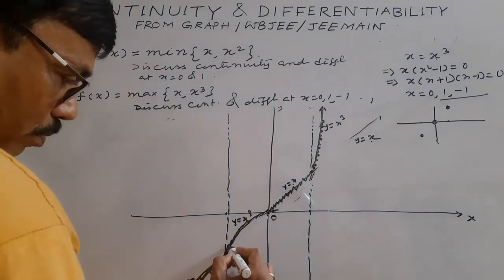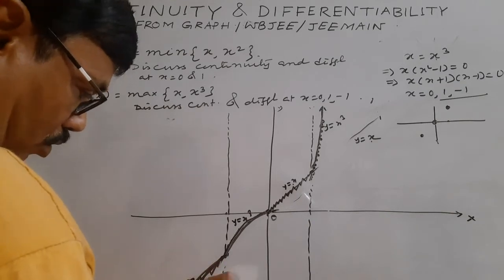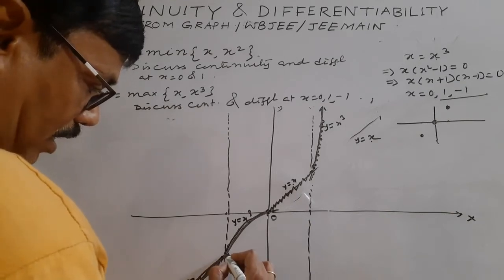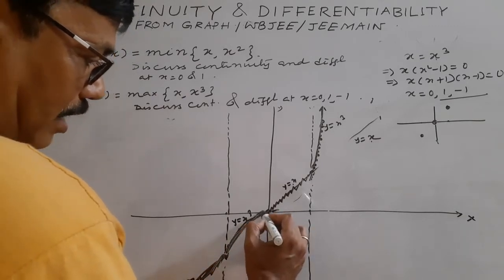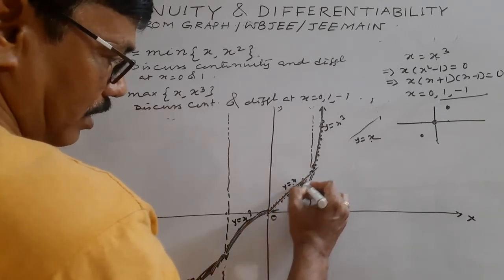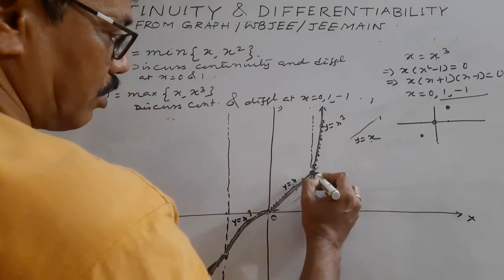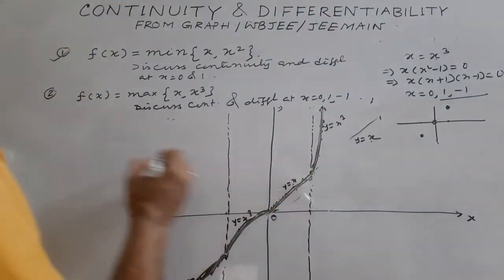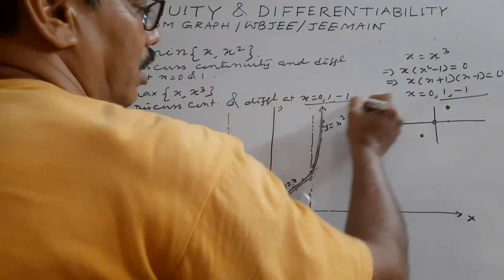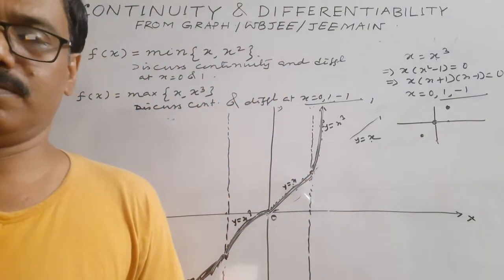But at x equals -1, it has a sharp edge. At x equals 0, it has a sharp edge. At x equals 1, it has a sharp edge. So it is not differentiable at x equals 0, 1 and -1.